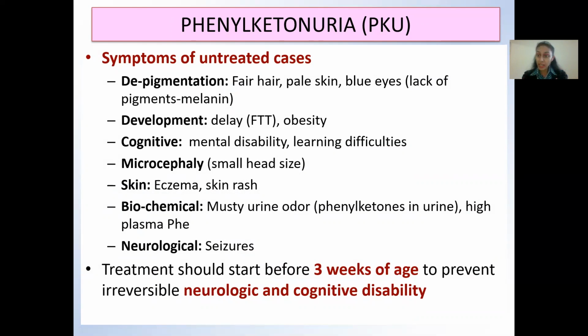You have developmental delays, and you also have anthropometrical disorders or issues such as failure to thrive or obesity. You have cognitive impairment, mental disabilities. While the infant is born, you have a small head size, which is called microcephaly. There are also skin issues seen.